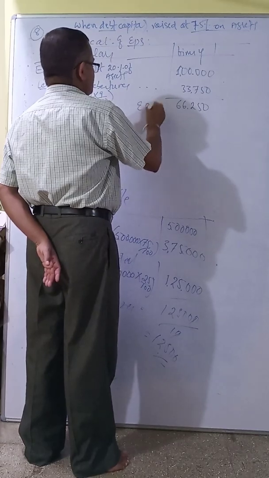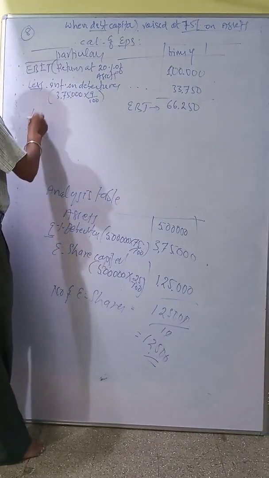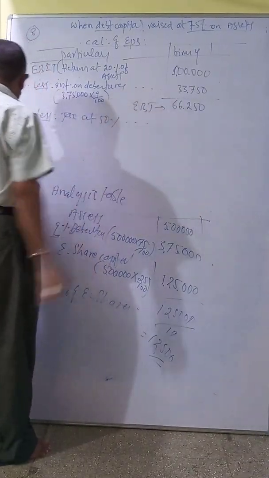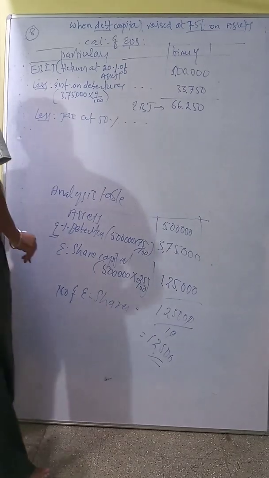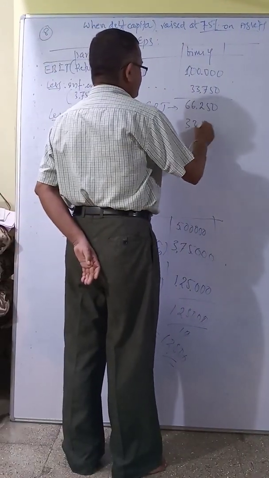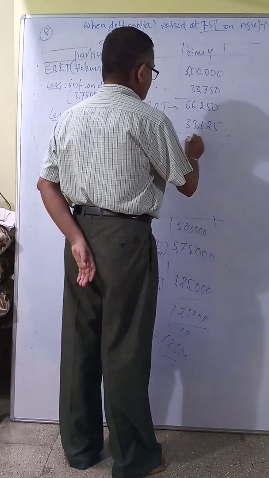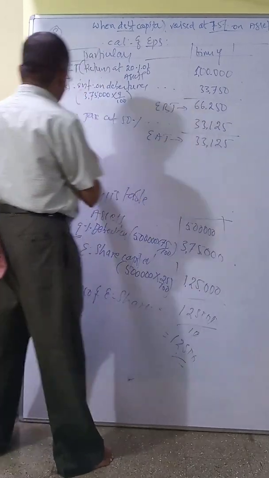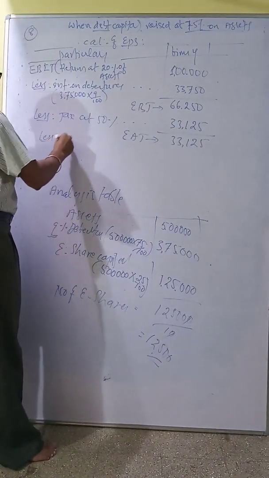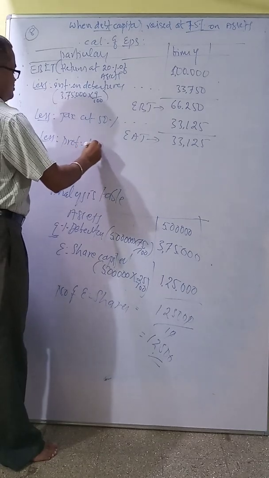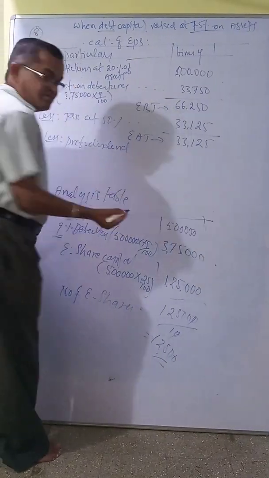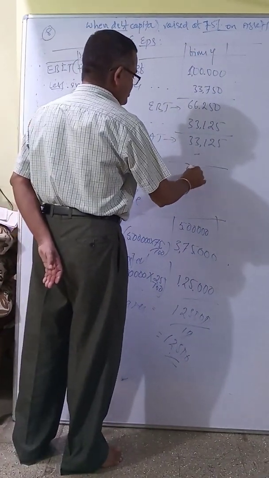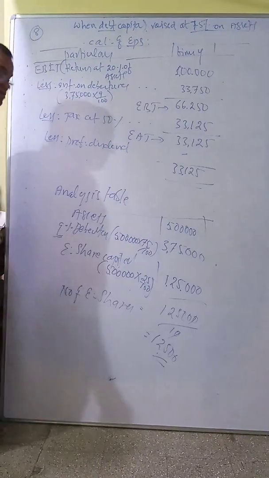This is called EBT. Less tax at 50%, half of this, 33,125. Deduct again, 33,125. This is called EAT. Less preference dividend: not given, preference capital nothing is given.